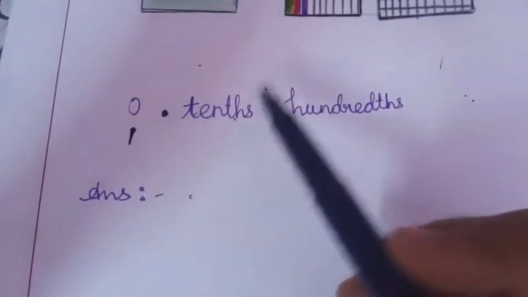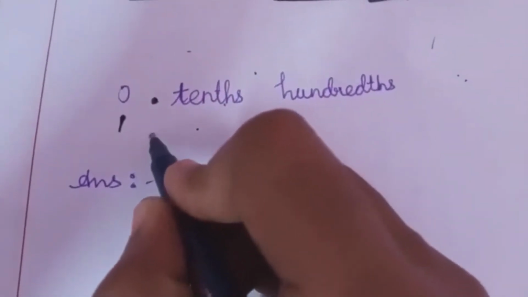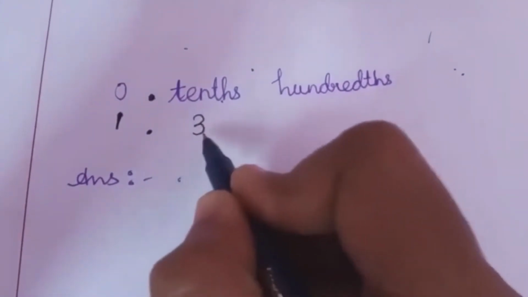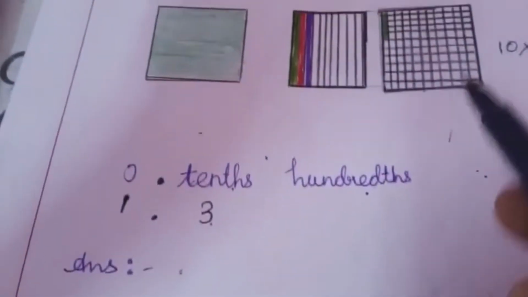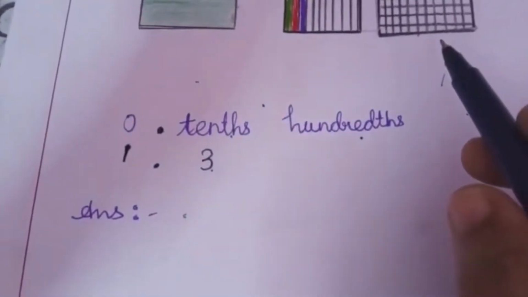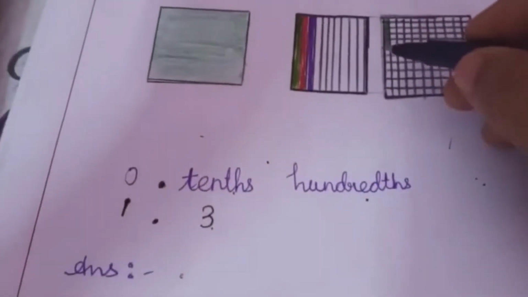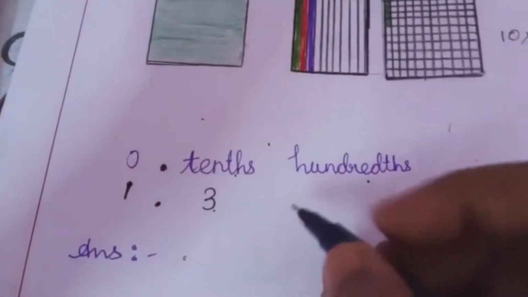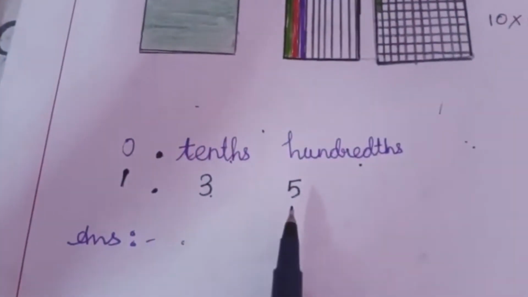In tens how many are colored? 3. So follow the point and write 3 under tens. In hundreds how many are colored? 5 are colored, right? Sorry, yes, 5 are colored. So write 5.